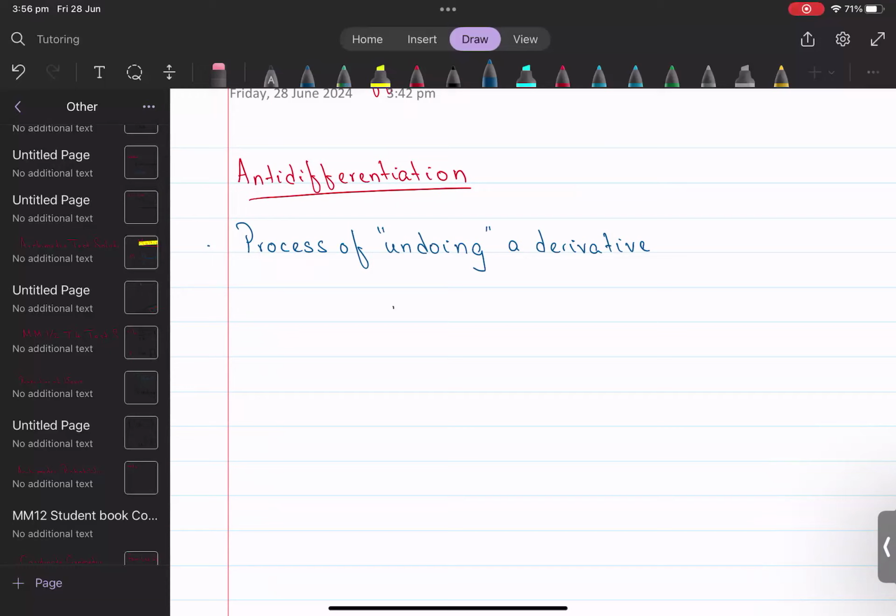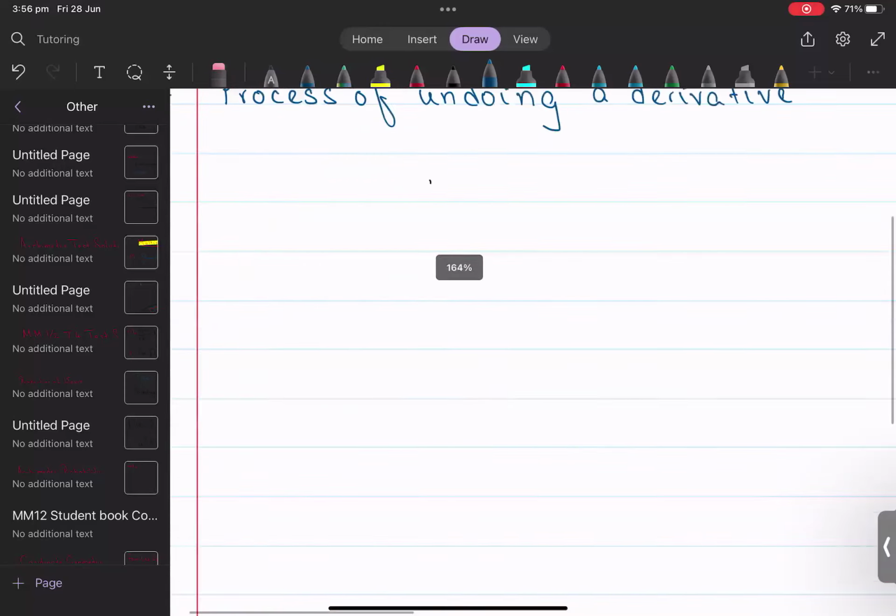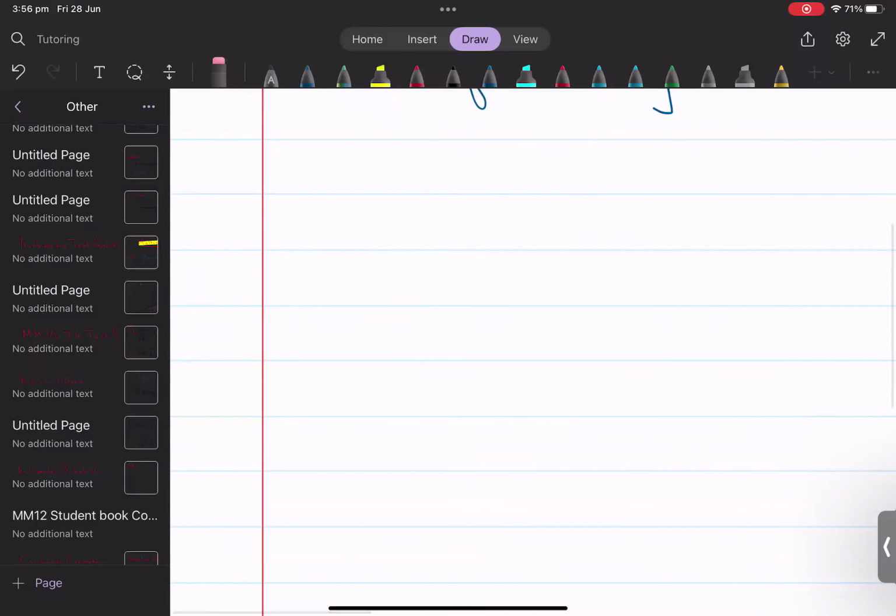More strictly, it refers to the process of determining a function given its derivative. So if we have the derivative of a particular function, the process of anti-differentiation will help us find the original function. To make this a little more concrete, let me consider a particular function g(x). I'm working in complete generality here.